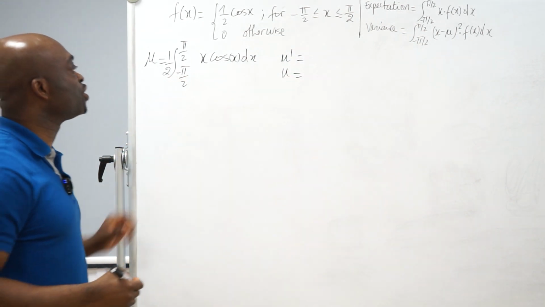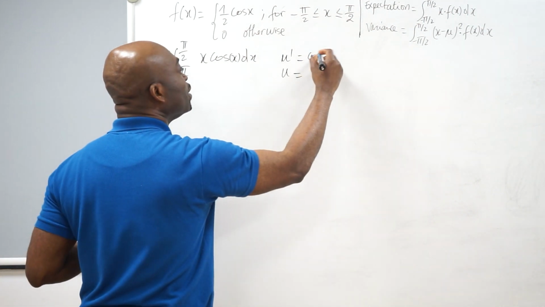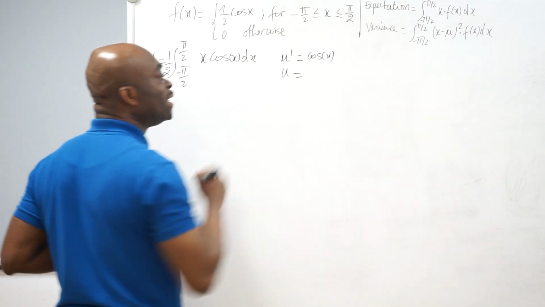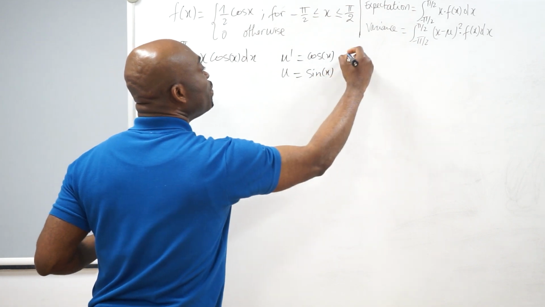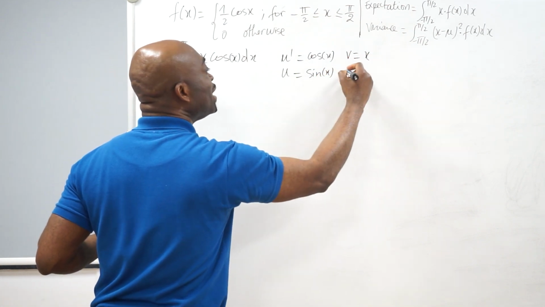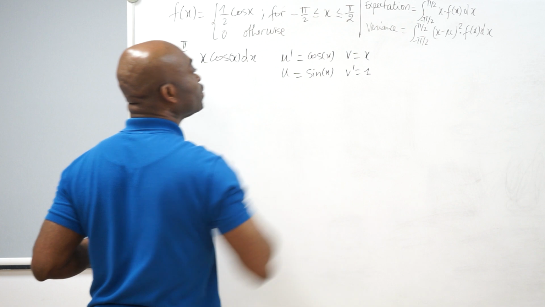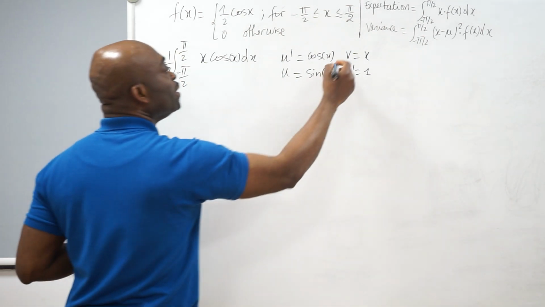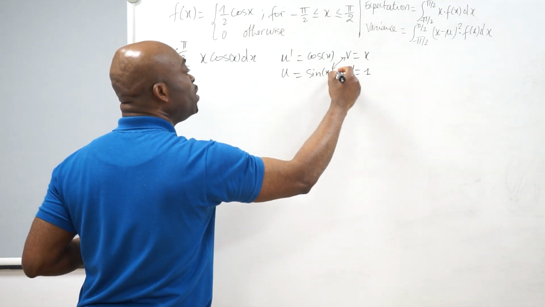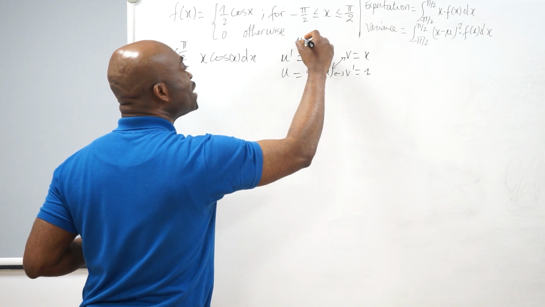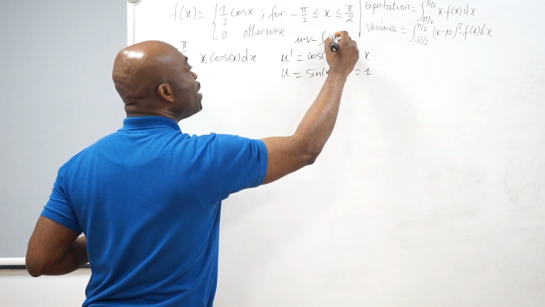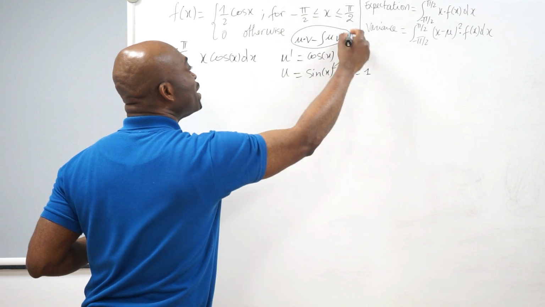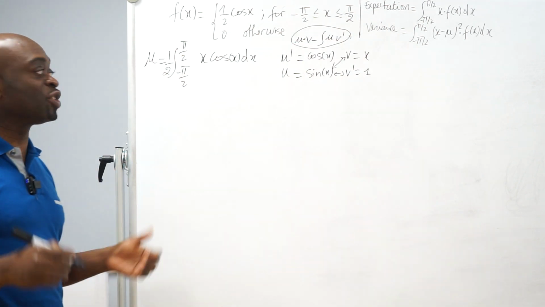So the u prime is going to be cosine x, and then the u is going to be sine of x. The v is going to be x, and then the v prime is going to be 1. Then we follow the formula, which is u times v minus the integral of u times v prime. So that's the formula for integration by parts.